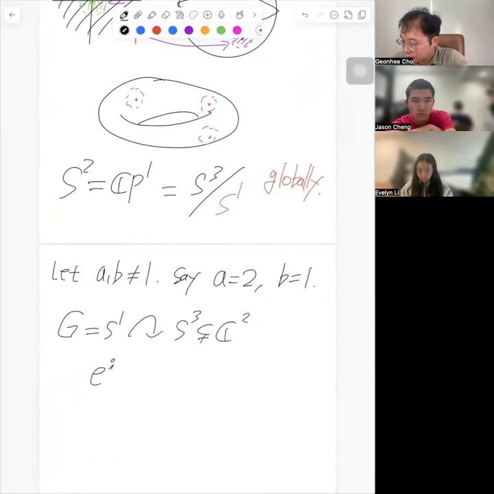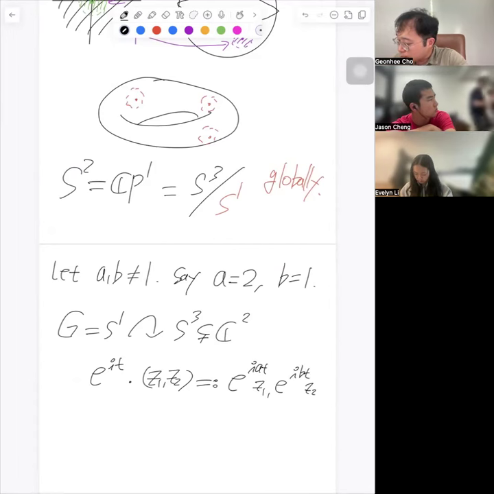And as you know, if we have this, then we just define this as e to the a. So let me say from i a t Z1, e to the i b t Z2, defined like this. With the concrete example, we know e to the 2it Z1, e to the it Z2.